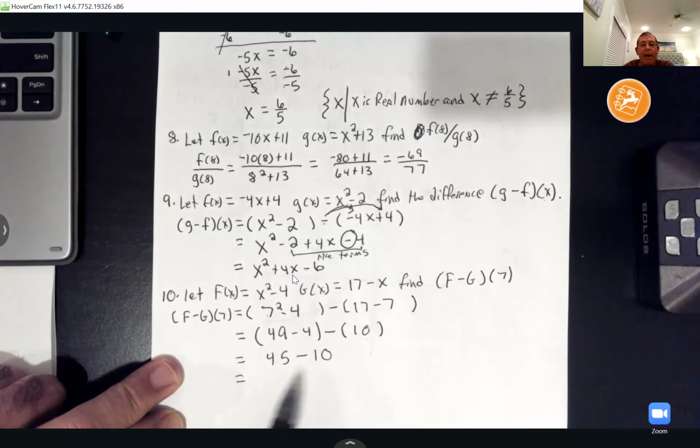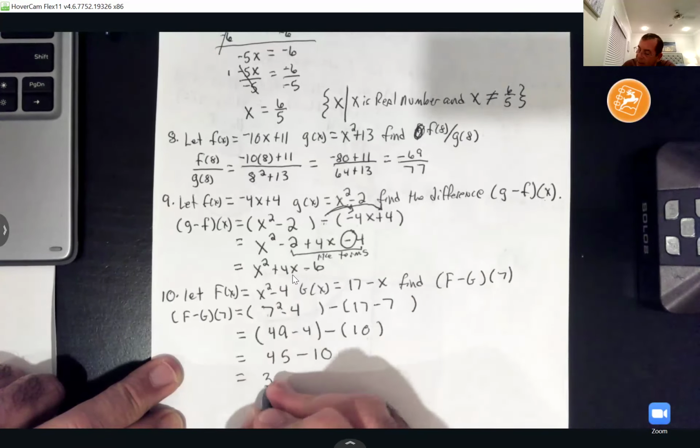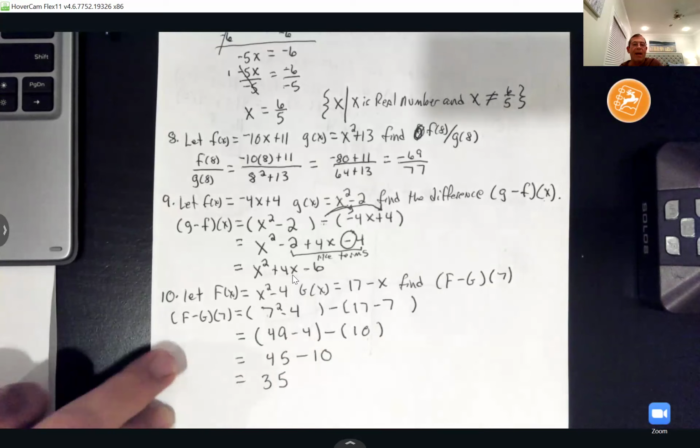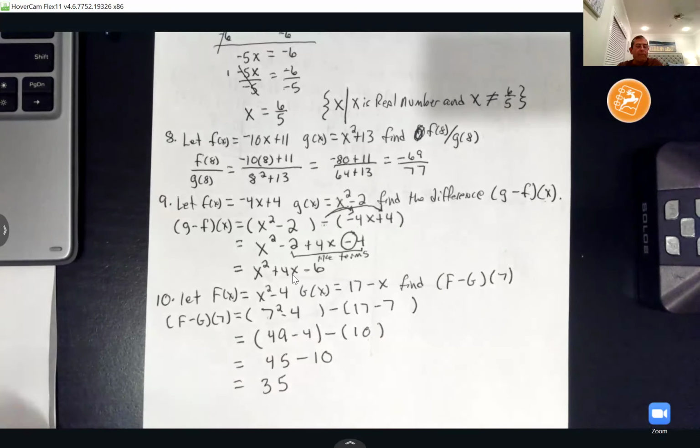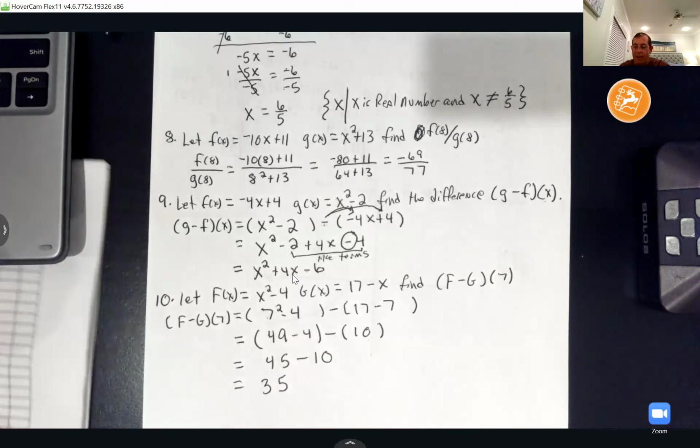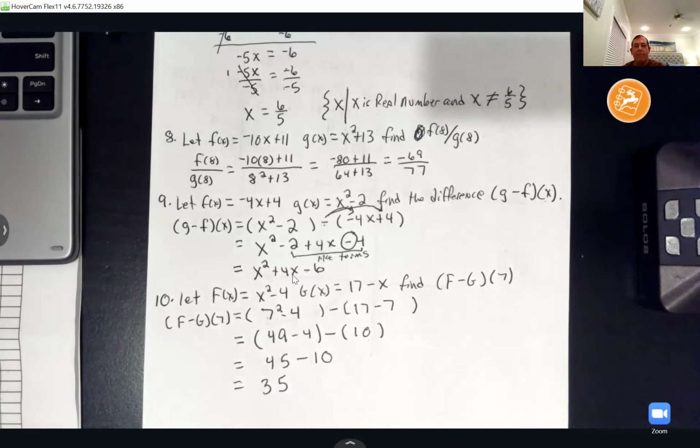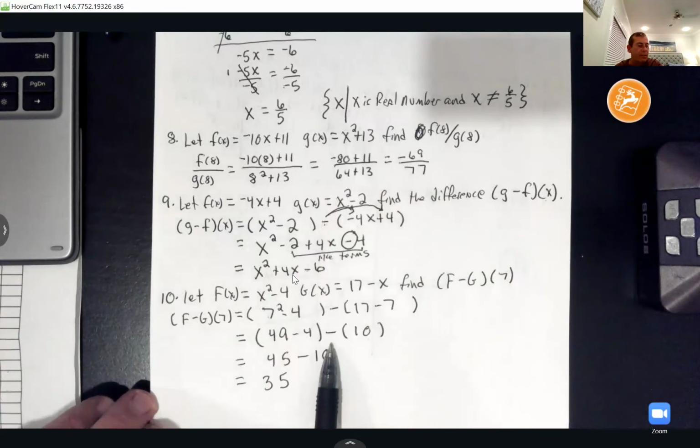You look at that, 45 minus 10 gives us 35. All righty, so that's the first half of it. Any questions on this?